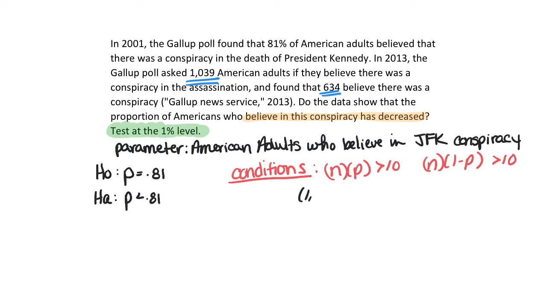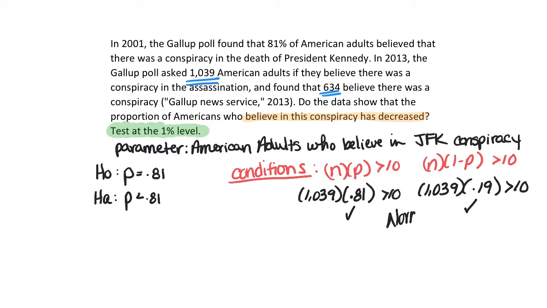So I had 1,039 adults, and 81% of that is going to absolutely be more than 10. And 1,039 times 19% is absolutely going to be more than 10 as well. And I've number crunched them, so I just know that I have more than 10, which is good, which means that I can work a normal distribution.